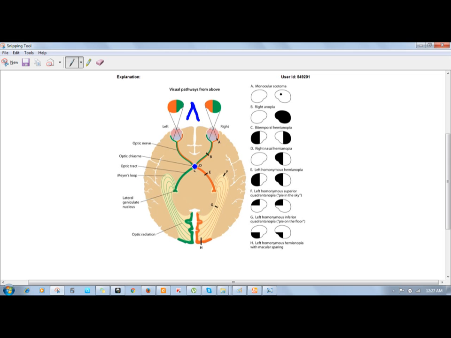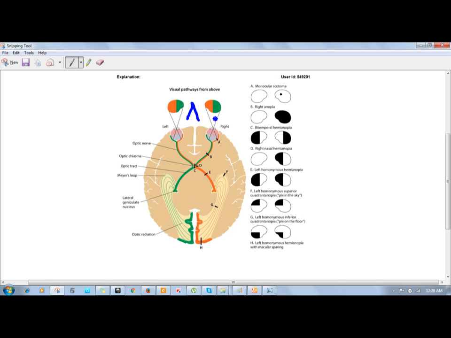The optic nerves merge together at the optic chiasma. This is just above your pituitary gland, and this is the location where the nasal fibers of both of the retinas cross the midline and go to the opposite side.